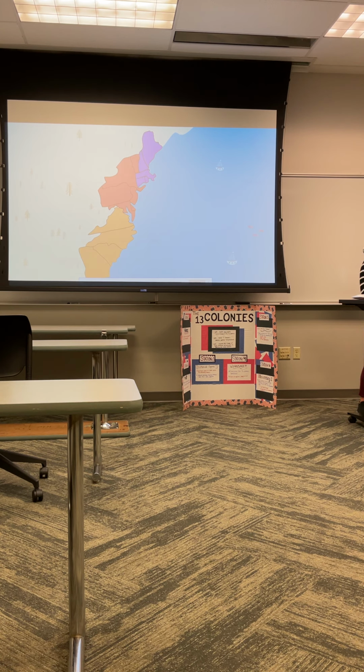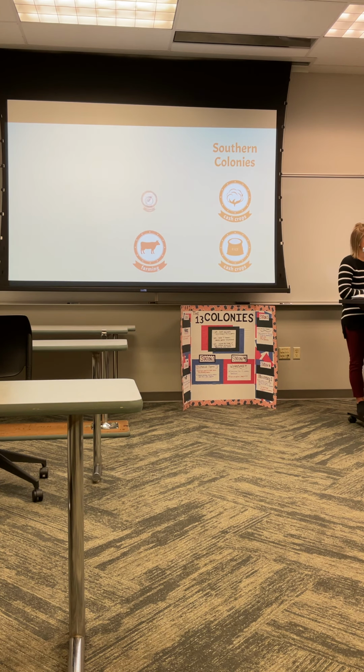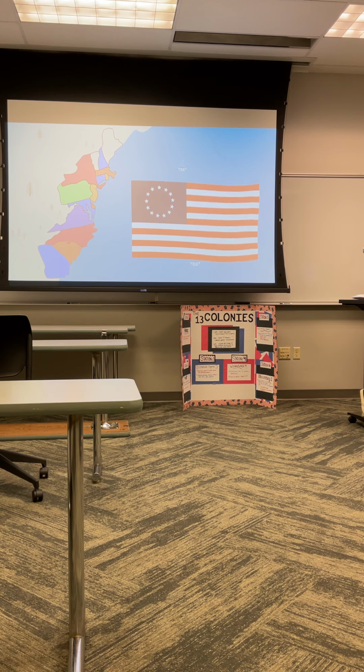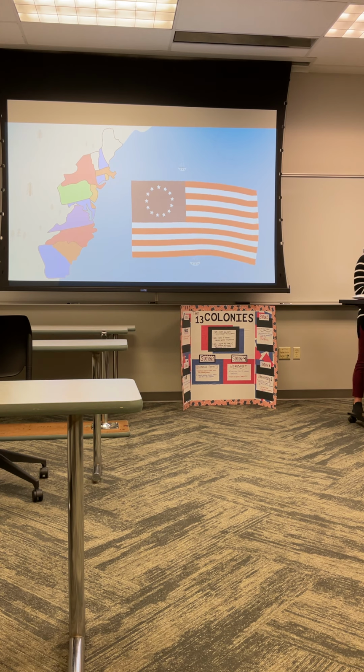American colonies were divided into 3 regions: New England, Middle, and Southern. Each region had a different way of life. The 13 colonies became states after the Revolutionary War, gaining independence from Great Britain.